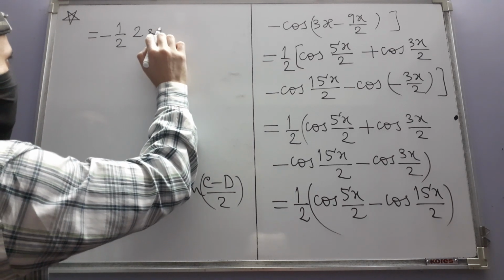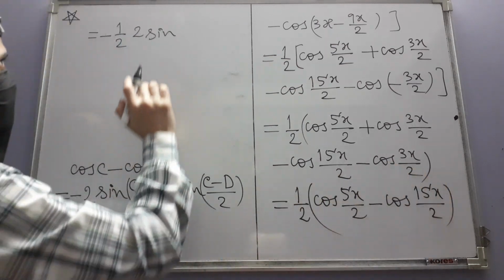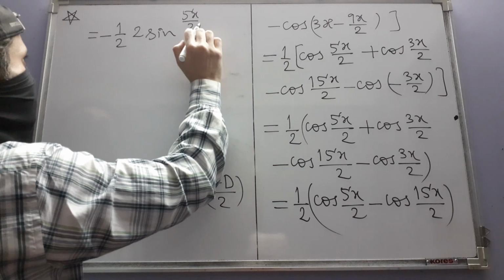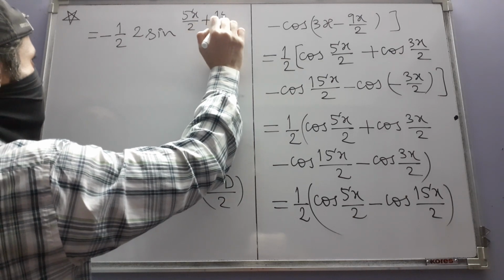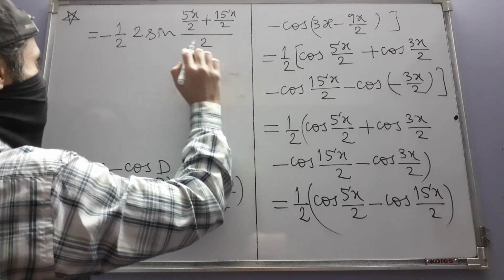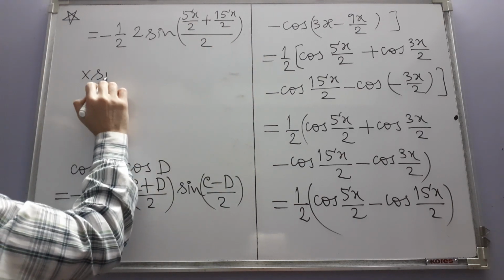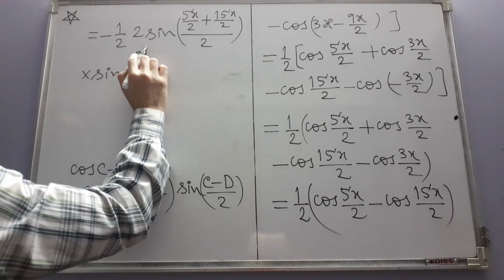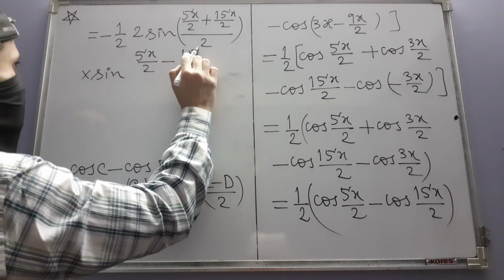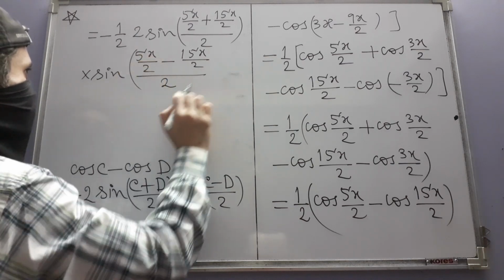Sin C plus D, this is our C and this is our D. 5x divided by 2 plus 15x divided by 2, divided by 2, times sin 5x over 2 minus 15x over 2, divided by 2.